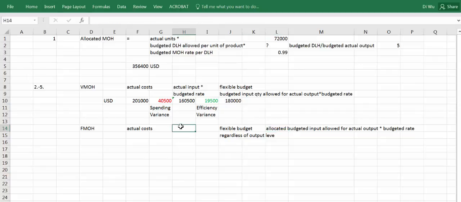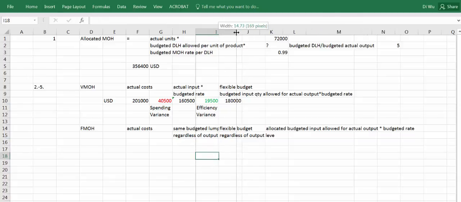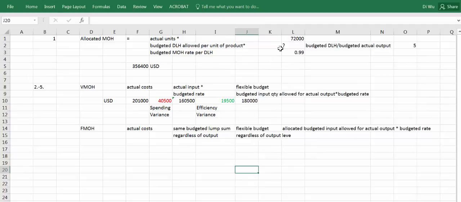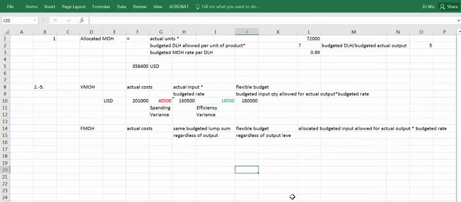We also have this one called the same budgeted lump sum, and once again regardless of output. Overall we have 4 elements that we're going to use to find out the spending variance and the production volume variance.